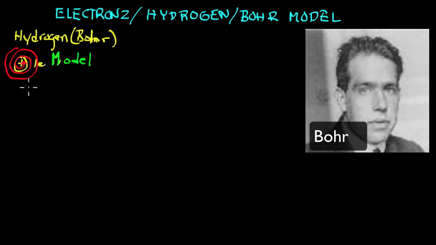And he said this, number one. He said that there are fixed orbits that electrons, when they're at that orbit, would give off no energy, no radiation. Now think about this. Normally if something is going around the nucleus, you say, well, it can only be at certain fixed distances.